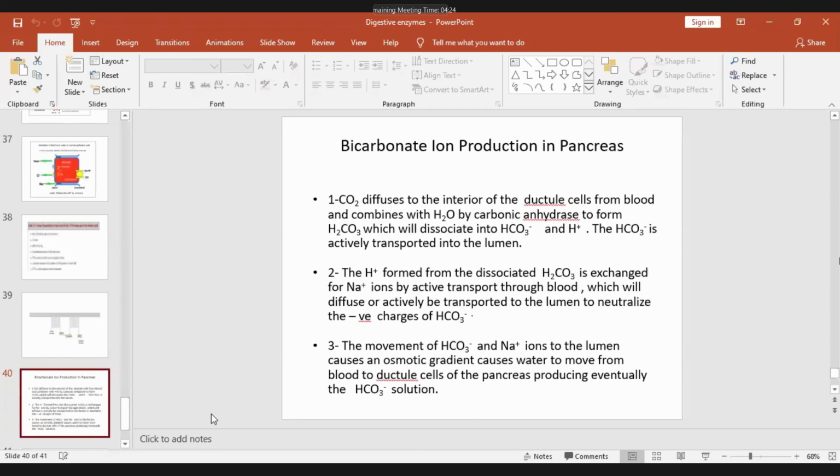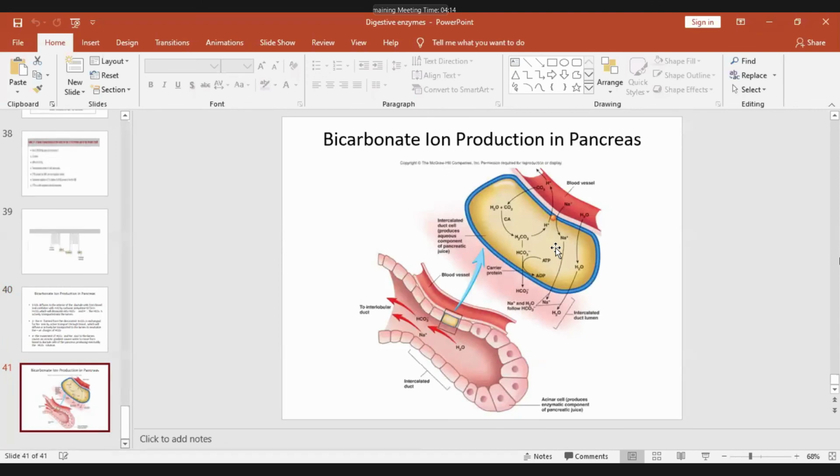How can I explain this through the figure of bicarbonate ion production in the pancreas? So this is the pancreatic lining cells, with one portion enlarged and shown here. This is one acinar cell, and the blood lining is there. There is diffusion of CO2 from the blood vessels to the acinar cells.